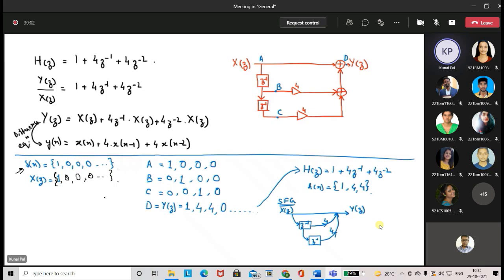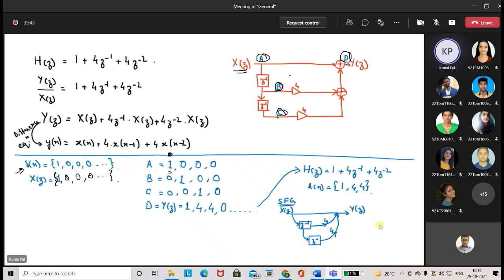Okay. So let us make some nodes, and these nodes are, say, A, B, C and D. So at node A, whatever input we are getting from X(z), that value we will be getting. If you see at node A, at the first time instance of 0, we are having 1.